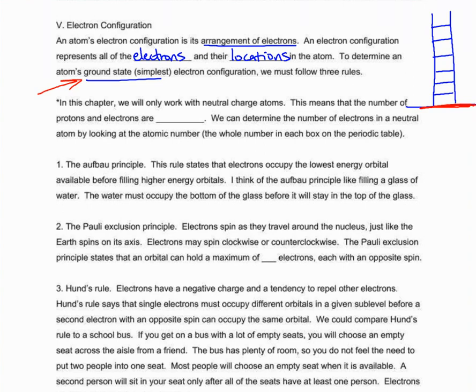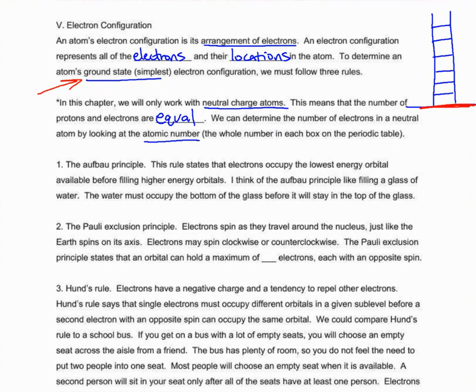In this unit, we're only working with neutrally charged atoms. This means the number of protons and the number of electrons are equal. So when we want to know how many electrons an atom has, we can look at the atomic number. This is the whole number in each box on the periodic table.